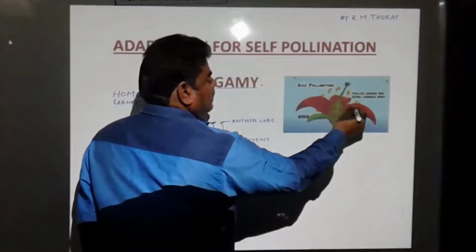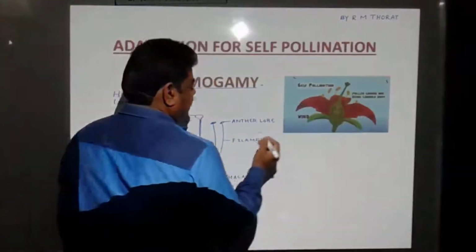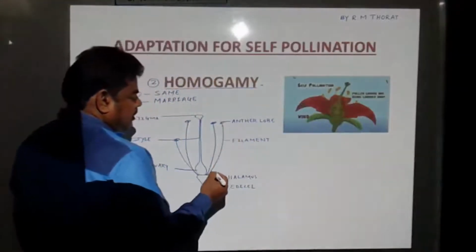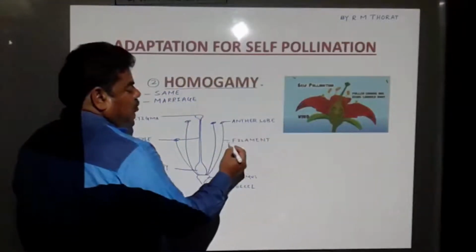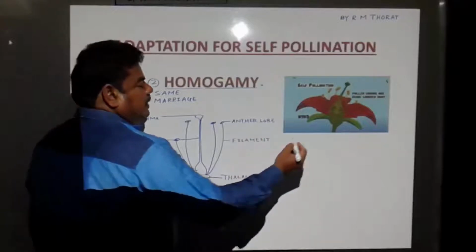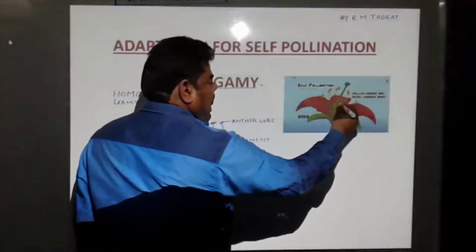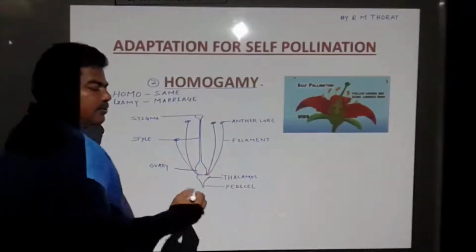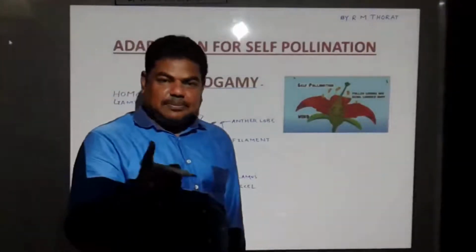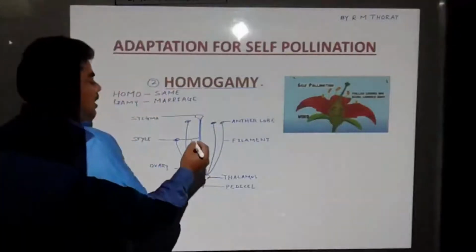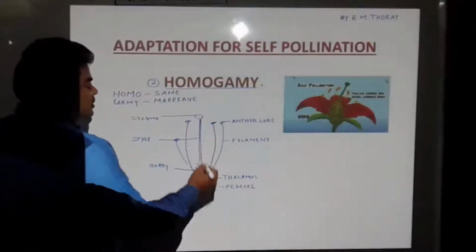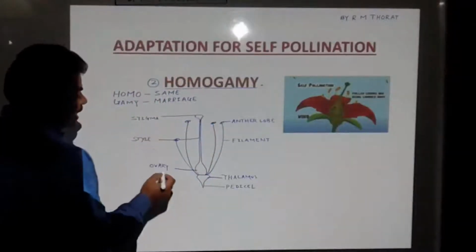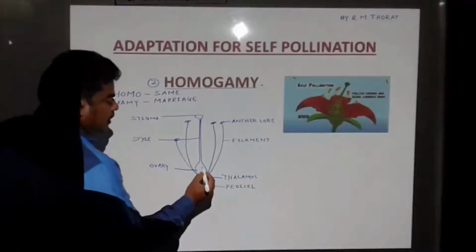One member of this male reproductive organ we call a stamen, which consists of the anther lobe, filament and connective. The innermost whorl of the flower we call the gynoecium. One member of the gynoecium we call a pistil, and it consists of the stigma, style and ovary.